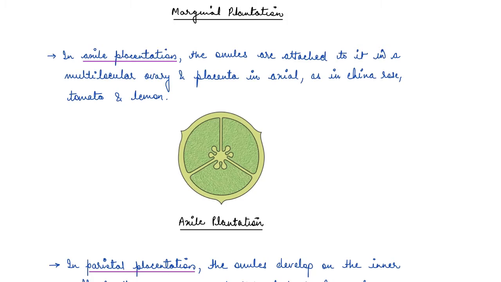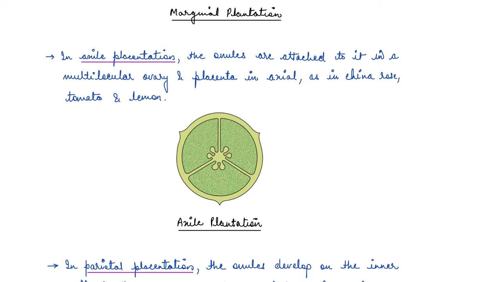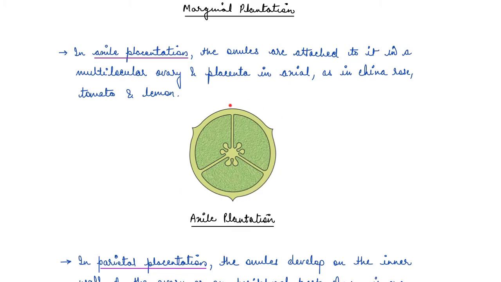When the placenta is axial and ovules are attached to it in a multilocular ovary, then the placentation is known as axile, and this is the case in China rose, tomato and lemon. Okay, so this basically is the axile placentation.